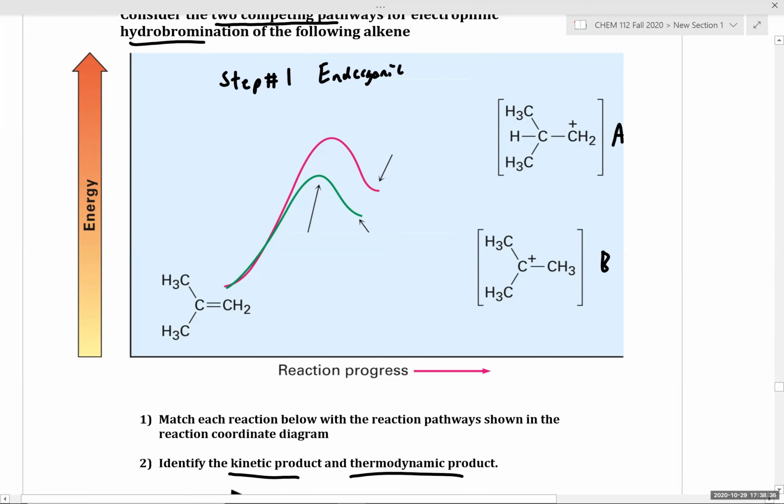And don't be shy to contribute your proposals in the chat and to use the annotate tool to match each of these reaction pathways to one of these two intermediates. And explain which of these intermediates is preferentially formed in this reaction.